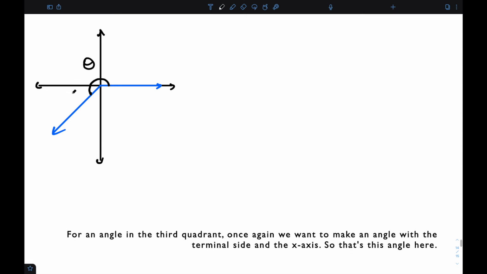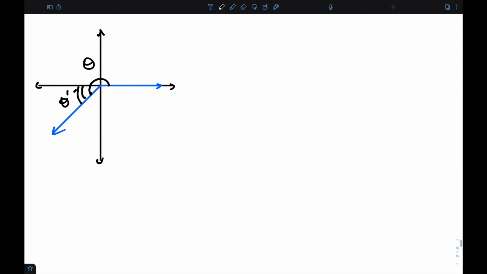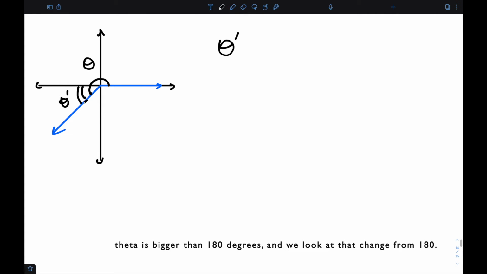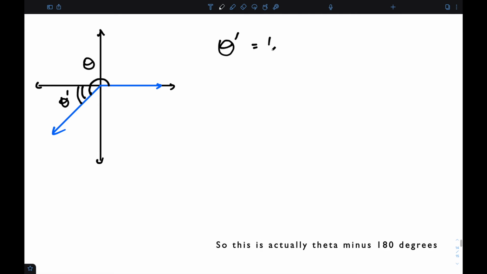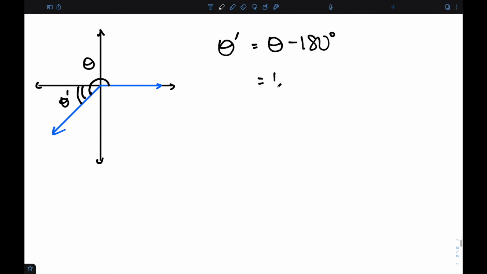For an angle in the third quadrant, once again, we want to make an angle with the terminal side and the x-axis. So that's this angle here. We can see that to actually find this angle, theta is bigger than 180 degrees, and we look at that change from 180. So this is actually theta minus 180 degrees, or theta minus pi in the case of radians.